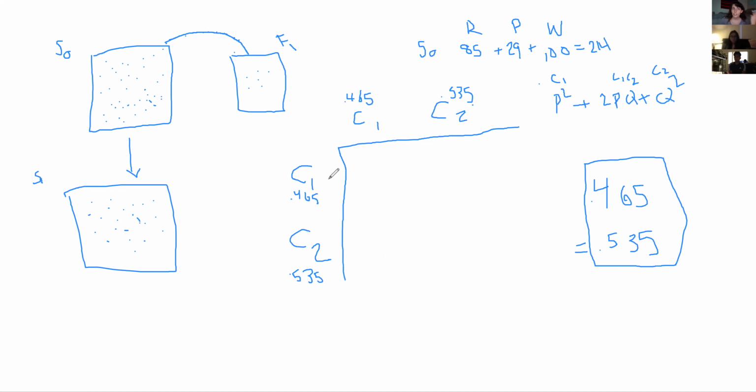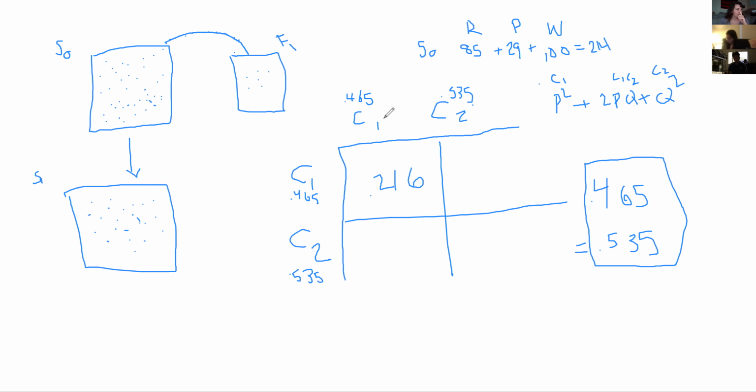What you're going to do is just fill out the square. There's going to be 4 spots, and it's just going to be multiplying the 2 sides. So we've got 0.465 times 0.465, and we fact checked this, and it's 0.216.